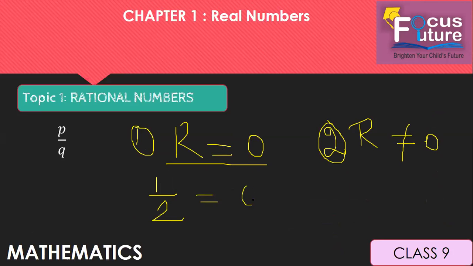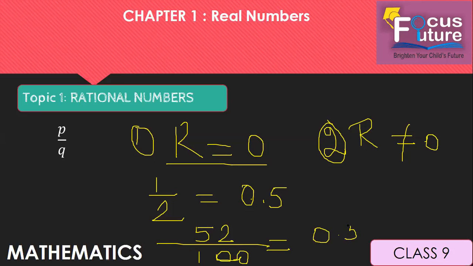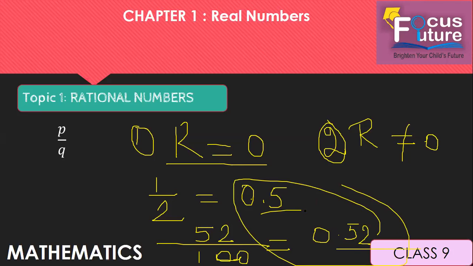That would be decimal form 0.5. And if I take 52 by 100, the decimal representation would be 0.52. That means these two decimals are terminating. They are terminating at some point, like 0.5, 0.52.